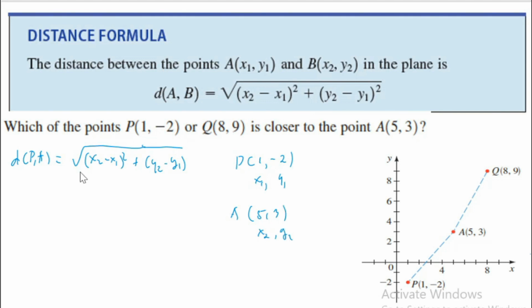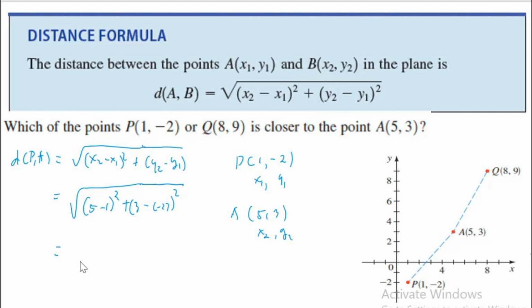So by substitution, we can write now the distance of PA. We have the square of x sub 2, which is 5, minus x sub 1, which is 1, then close and square, plus y sub 2, which is 3, minus y sub 1, which is negative 2, and the square of that.